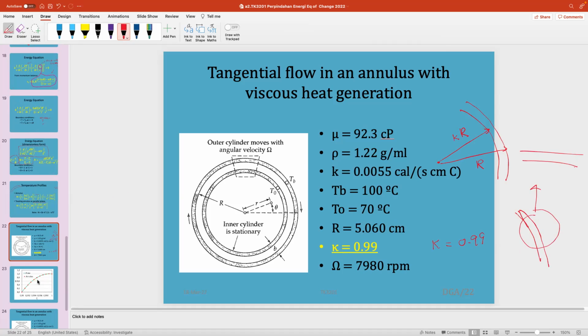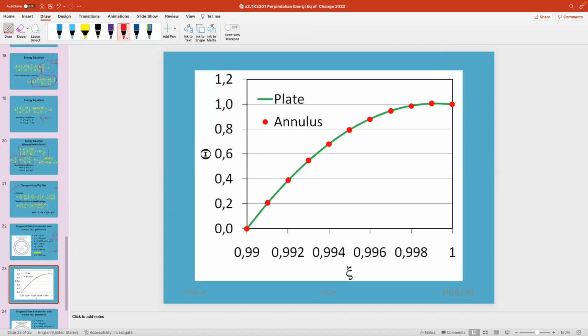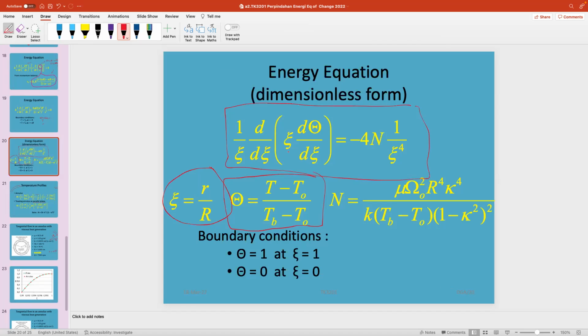So from the energy equation we can get the temperature profile by using numerical methods. This is not going to be explained here, but it uses finite difference or finite element; we're not going to do that.